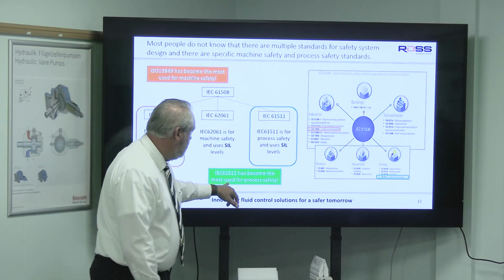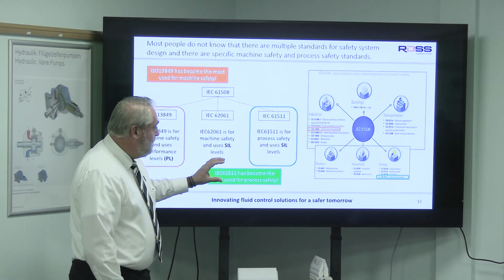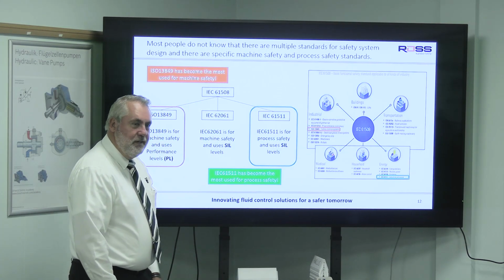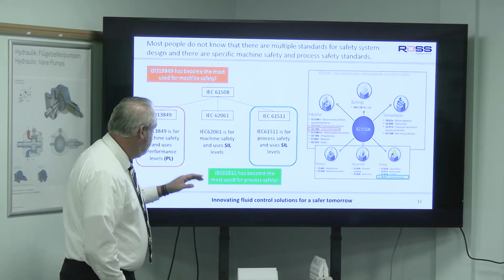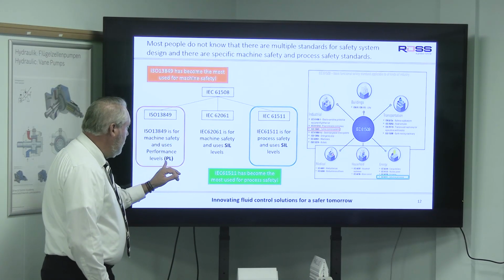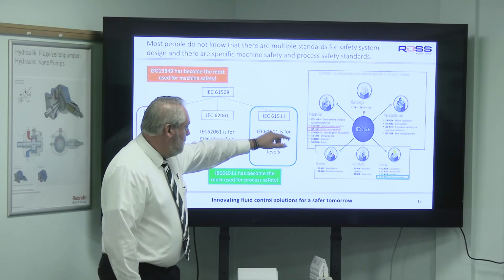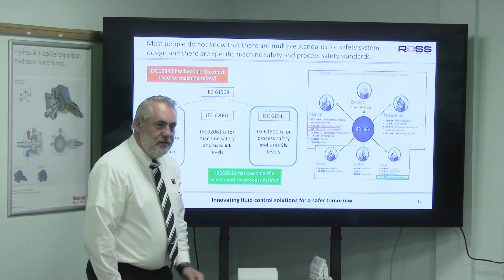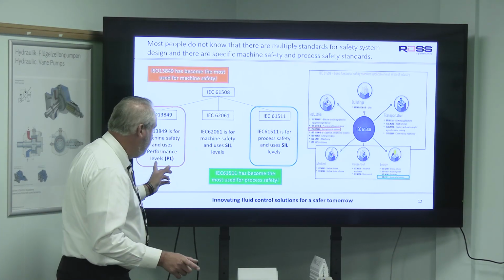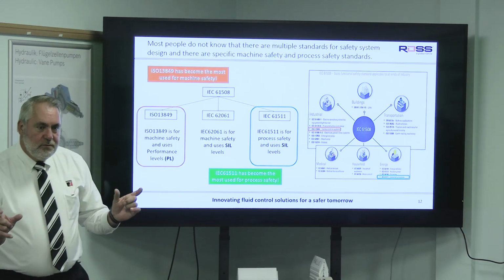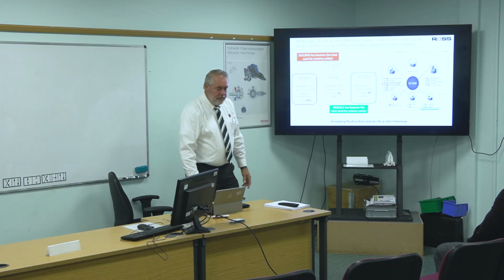And that basically is what drives the design for process safety. So there are two different figures. ISO 13849 uses something called performance levels. IEC 61511 uses SIL levels. So safety integrity levels and performance levels are the two terms that I'll use through the rest of the presentation.